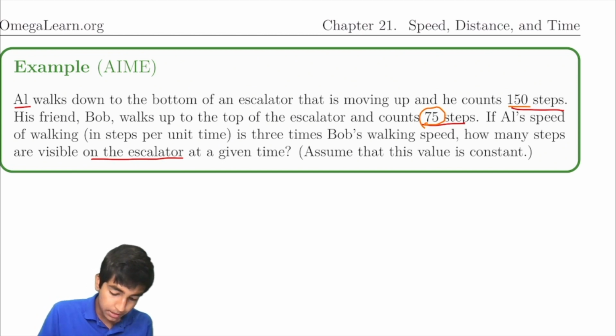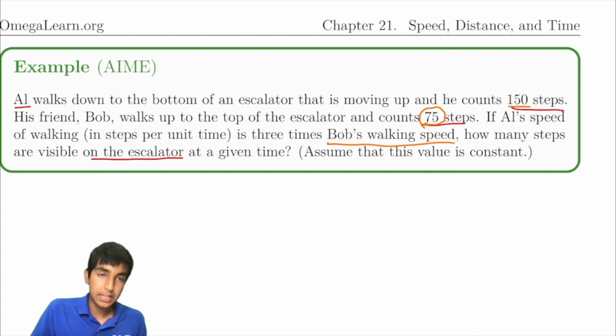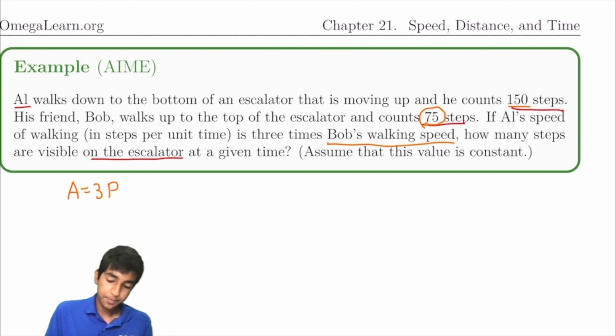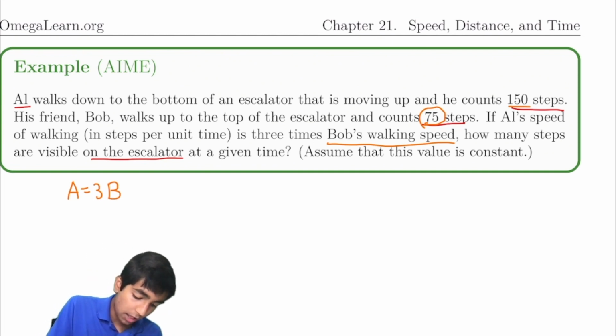So if Al's speed is 3 times Bob's walking speed, how many steps are visible on the escalator? Let's just say Bob's speed is x, so Al will be 3x.